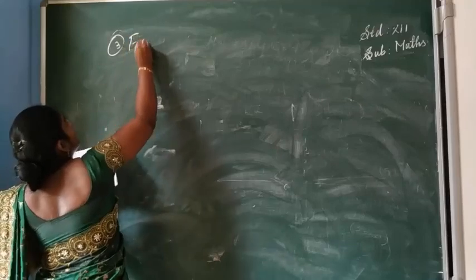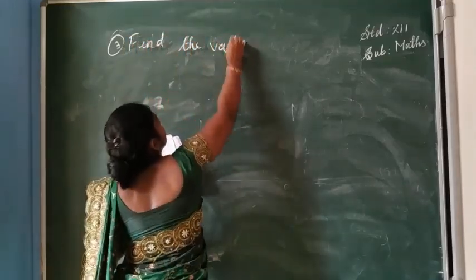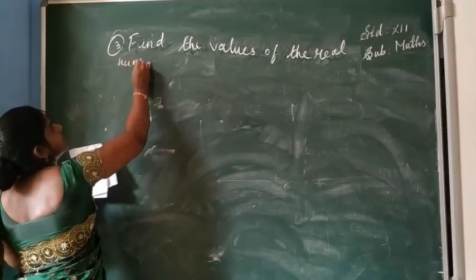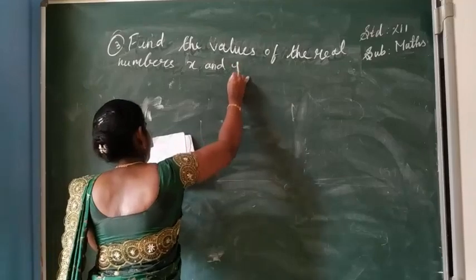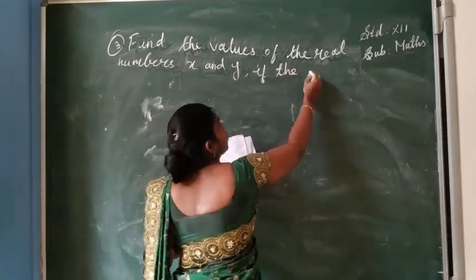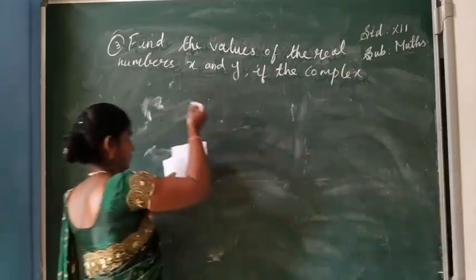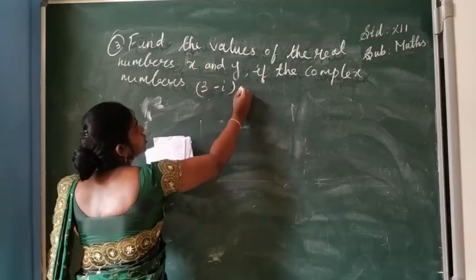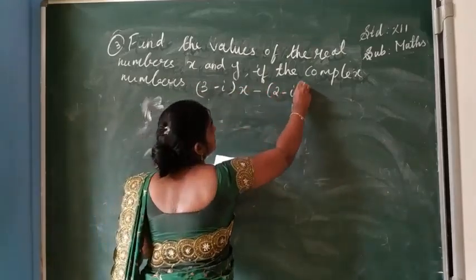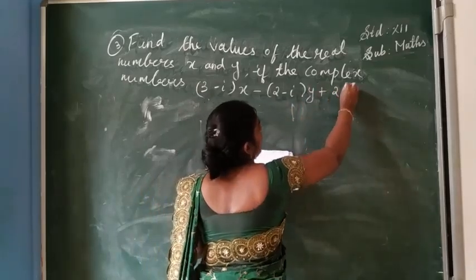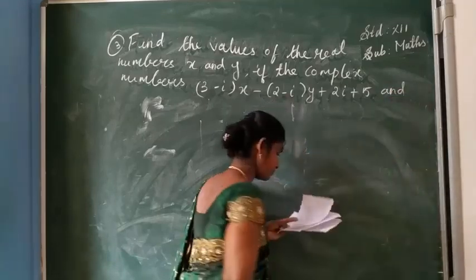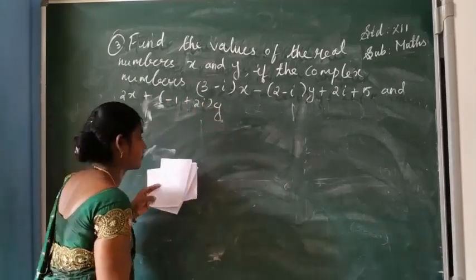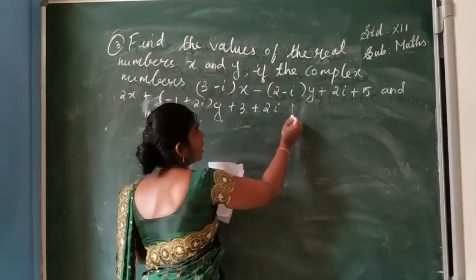Third question, find the values of the real numbers x and y if the complex numbers (3 minus i)x minus (2 minus i)y plus 2i plus 5 and 2x plus (minus 1 plus 2i)y plus 3 plus 2i are equal.